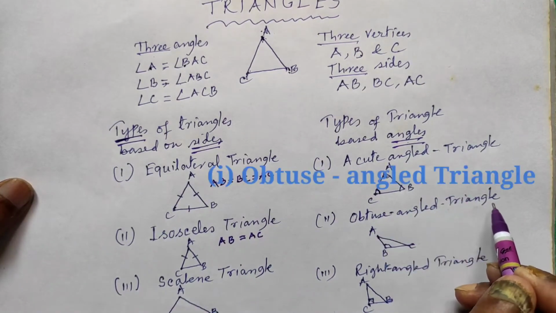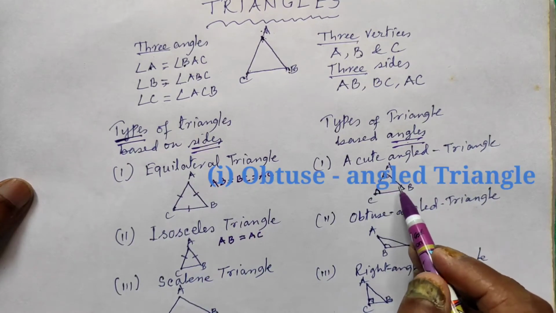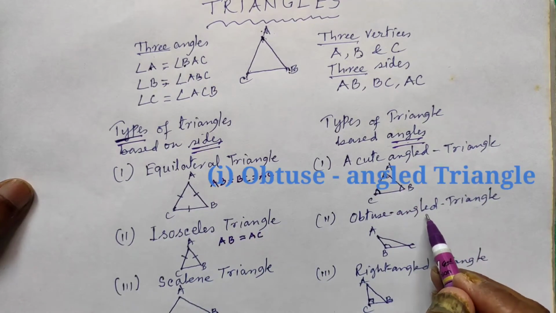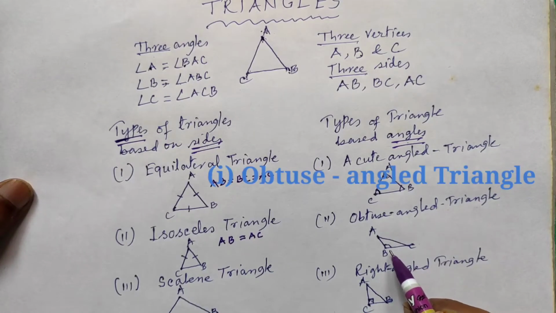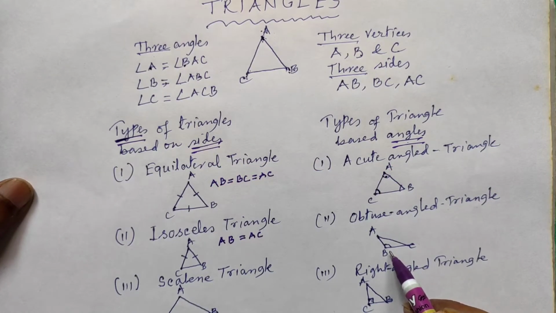Obtuse angle triangle. As we have seen, in the acute triangle all three angles are acute, but in an obtuse angle triangle we observe that only one angle is obtuse, that is more than 90 degrees and less than 180 degrees.